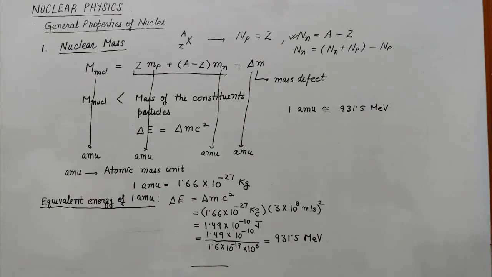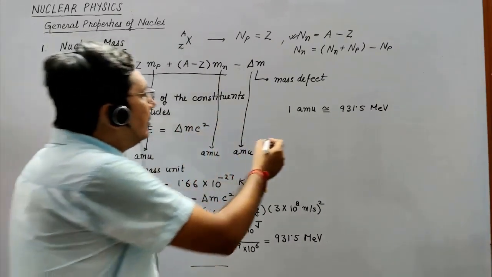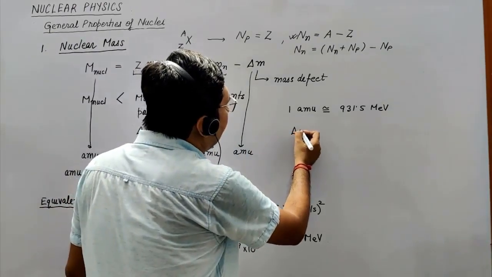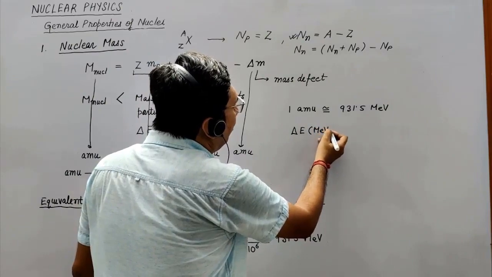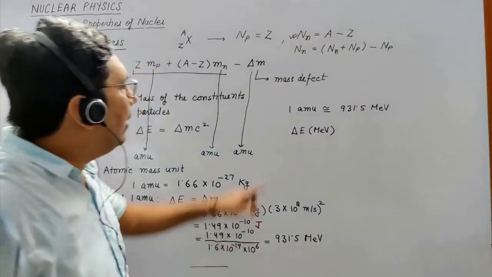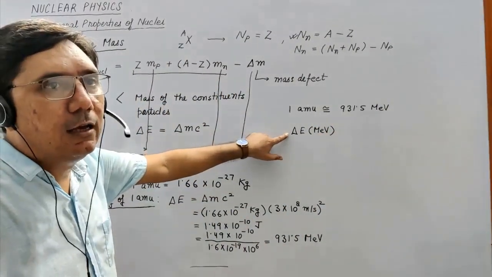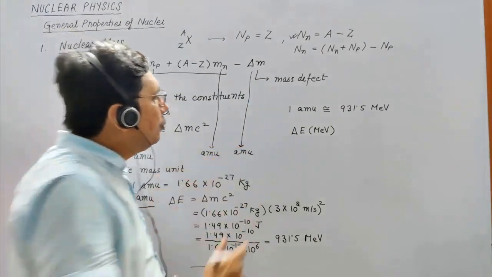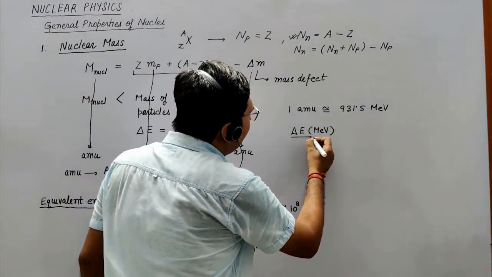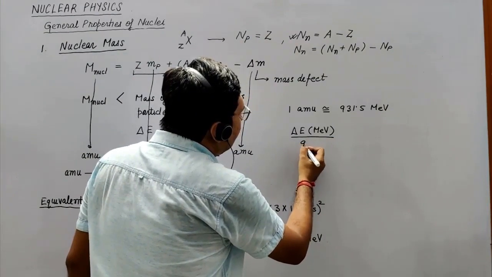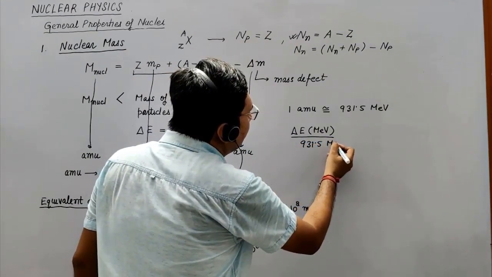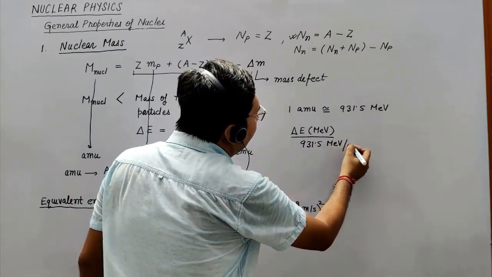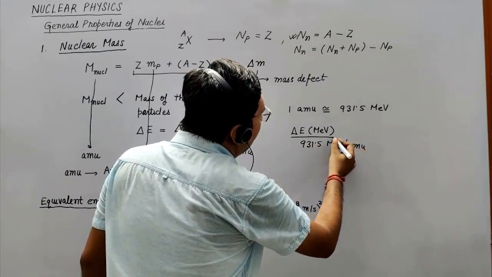And whenever you have energy given in MeV, suppose delta E is in MeV, and we want to find the corresponding mass, divide delta E by 931.5 MeV per AMU.